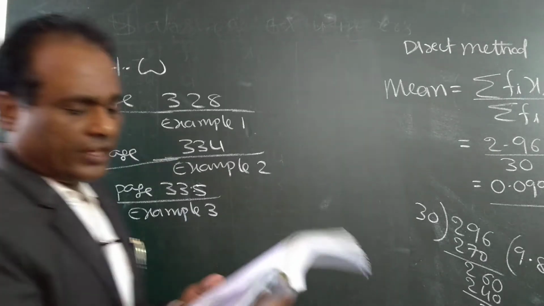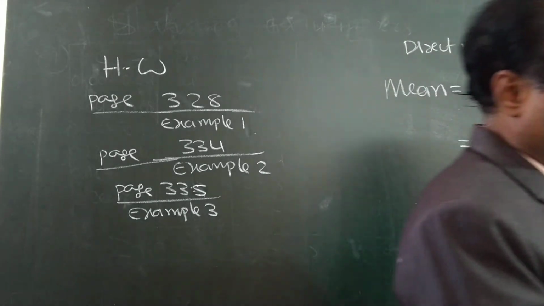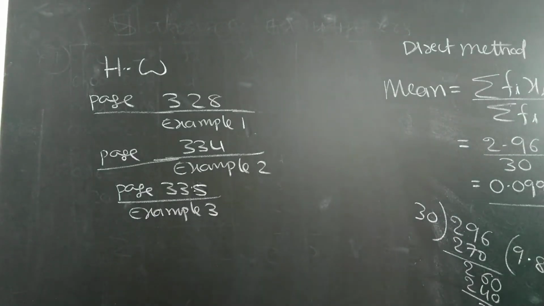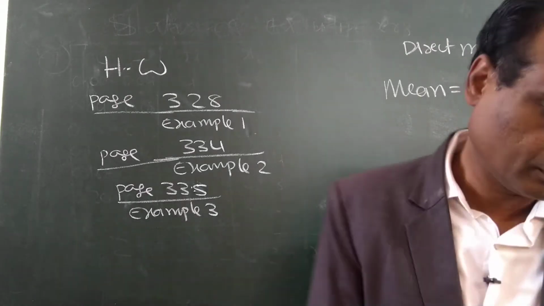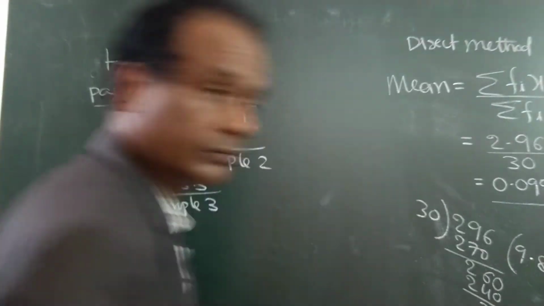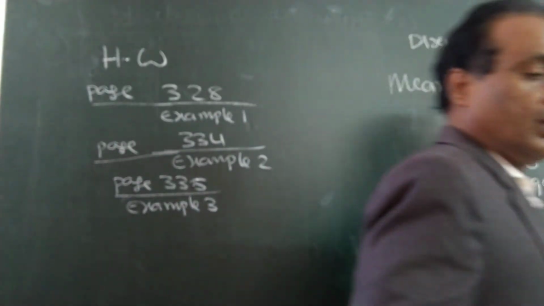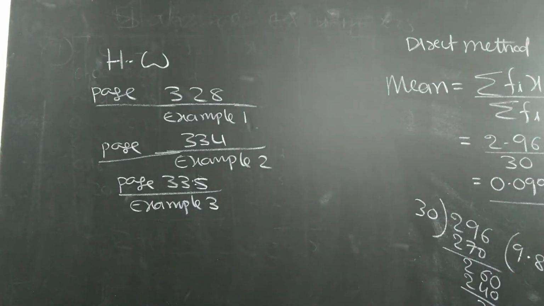So compulsory you do these 3 examples and get the correct answers, and tomorrow you tell me whether you completed it or not. Write this homework and compulsory you do it.